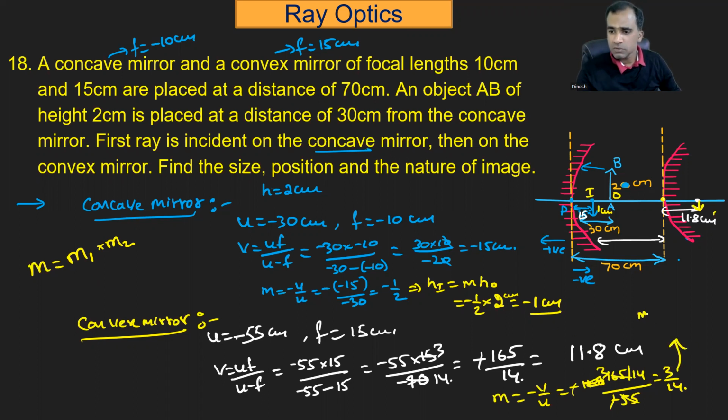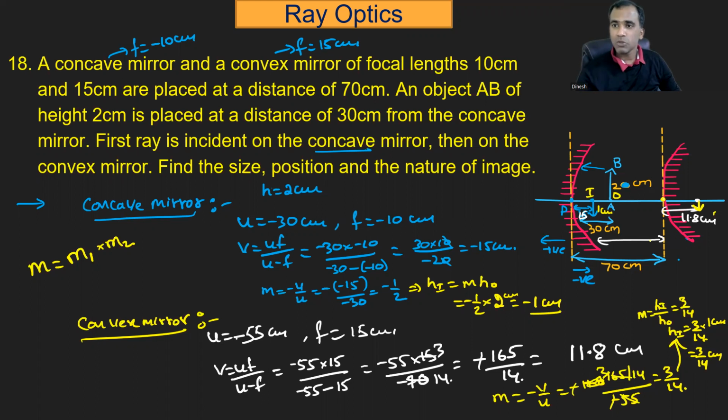Magnification is equal to height of the image divided by height of the object, which is equal to 3 by 14. So height of the image for this convex mirror is equal to 3 by 14 times object for this mirror. What is the object for this mirror? It is having a size of 1 centimeter. So this is the object for this mirror, which is having 1 centimeter height. So it will be 3 by 14 centimeters. 3 by 14 centimeters is the height of the final image.